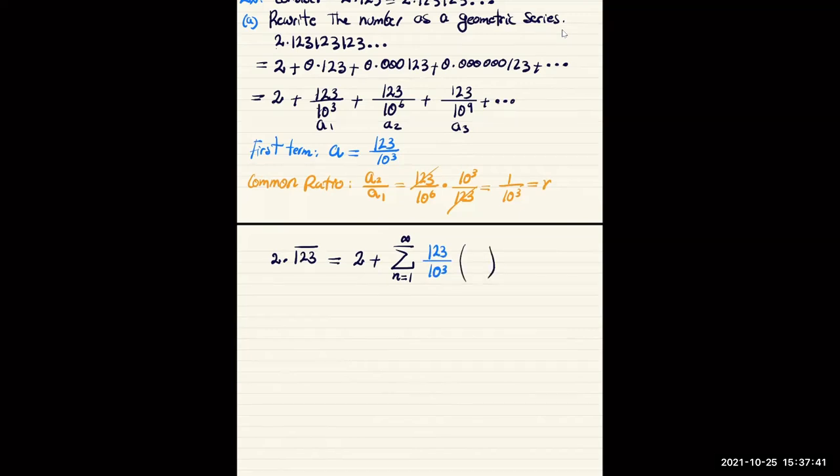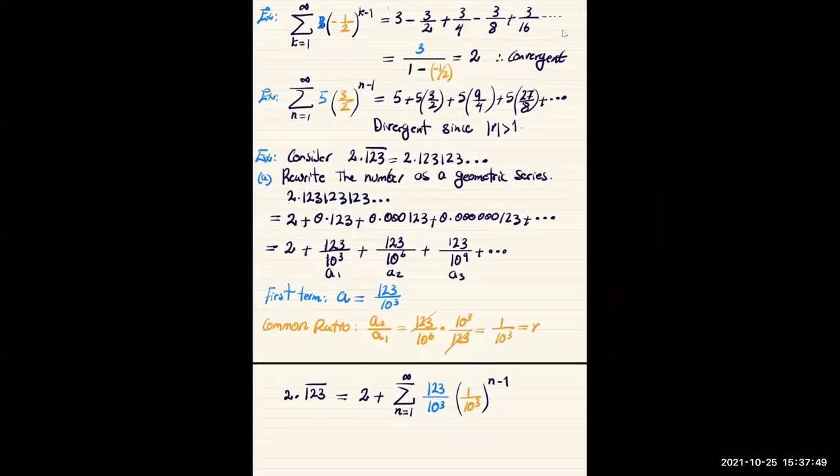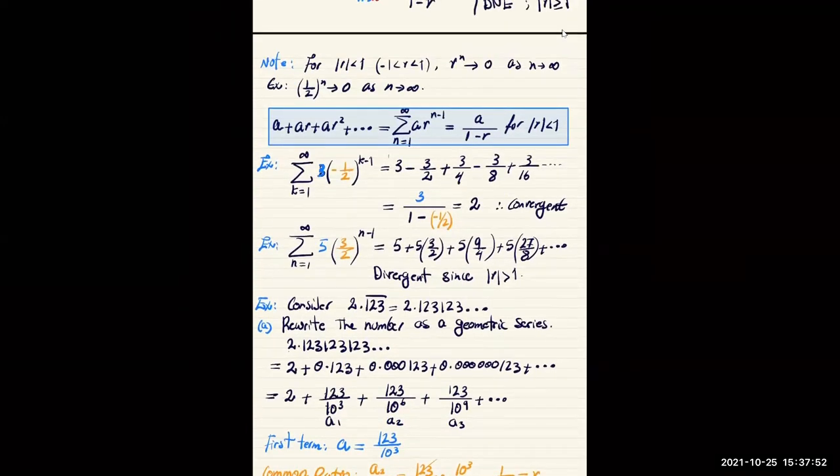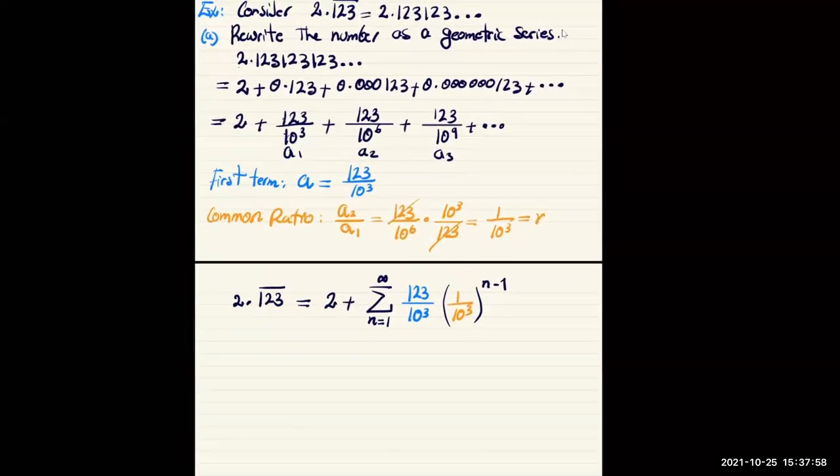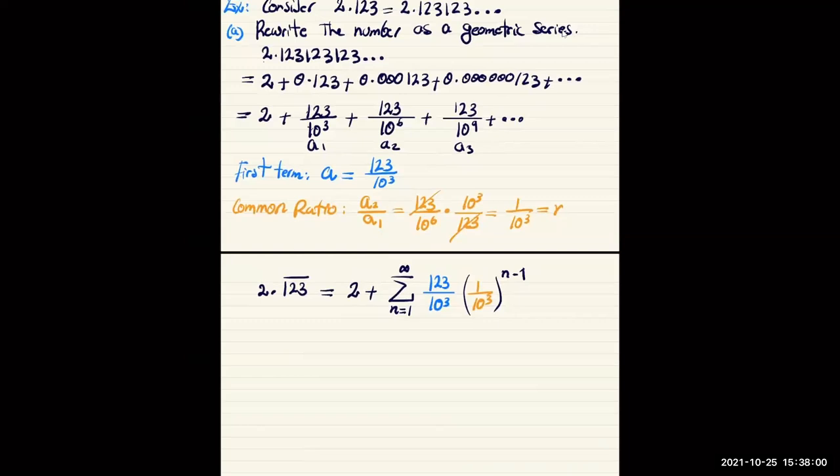R is 1 over 10 cubed. Remember, this is the general form of a geometric series. There we go, so that is our series representation.